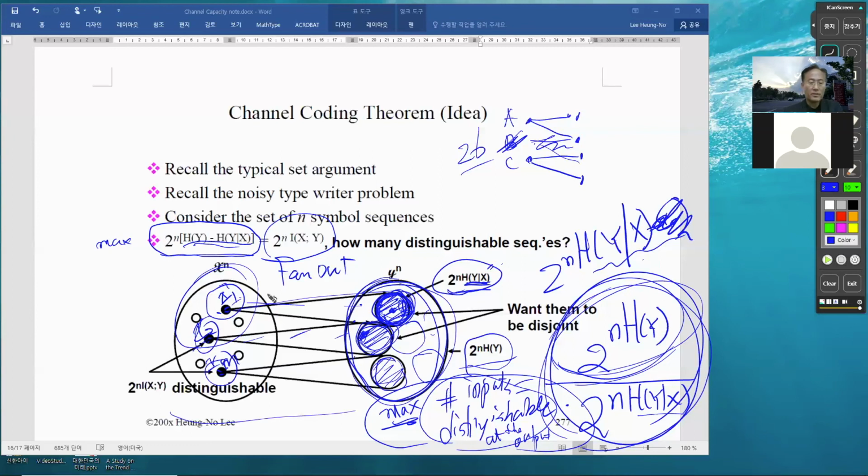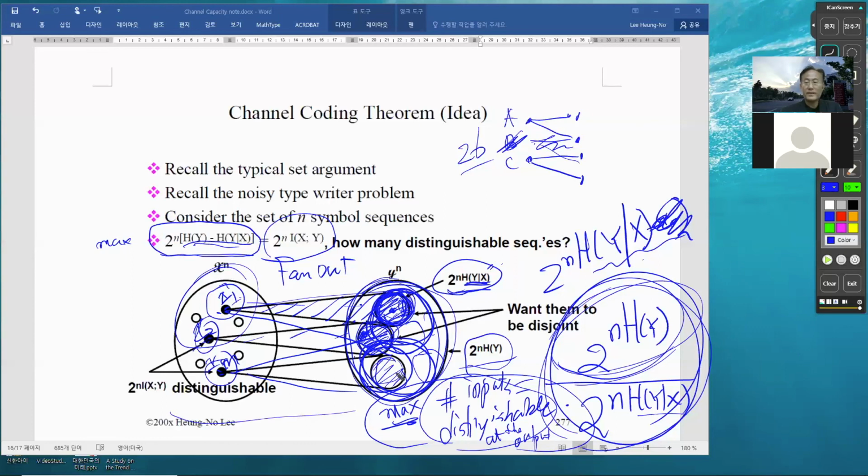So the channel gives you the fan-out effect. If the channel is very noisy, the fan will be larger, so the number of distinguishable inputs that you can select is going to be smaller because the smaller ball has gotten bigger.